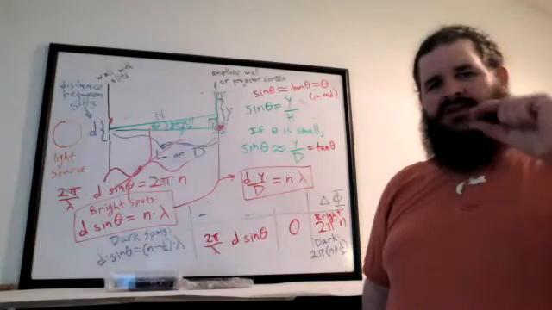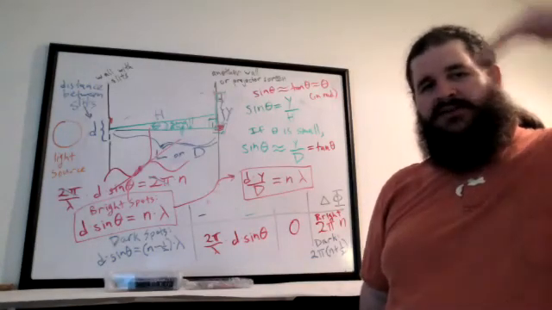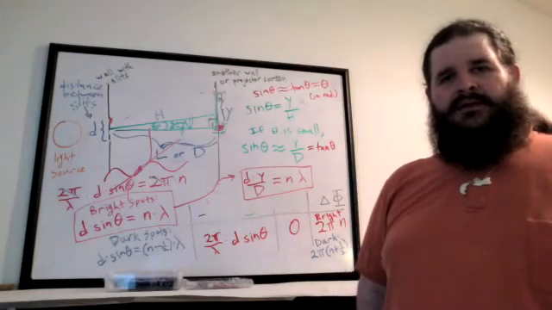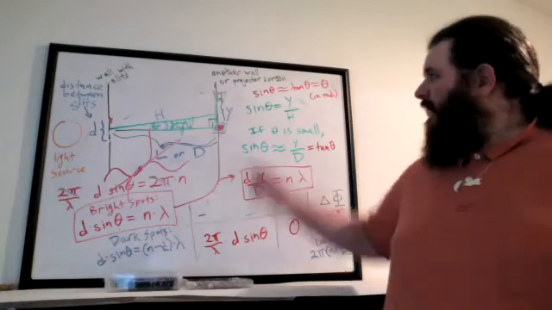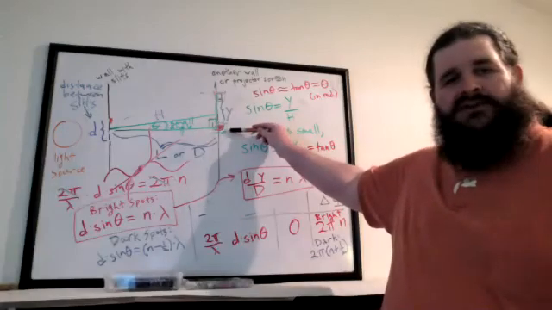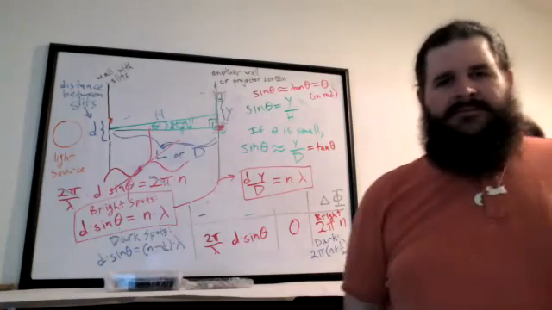Delta y just means the distance from bright spot to bright spot, regardless of the center, from a bright spot to the next bright spot. So you might see that notation. Okay. But y itself is supposed to represent the distance from the center, which we're calling y equals 0, up to whatever bright spot or dark spot we care about.